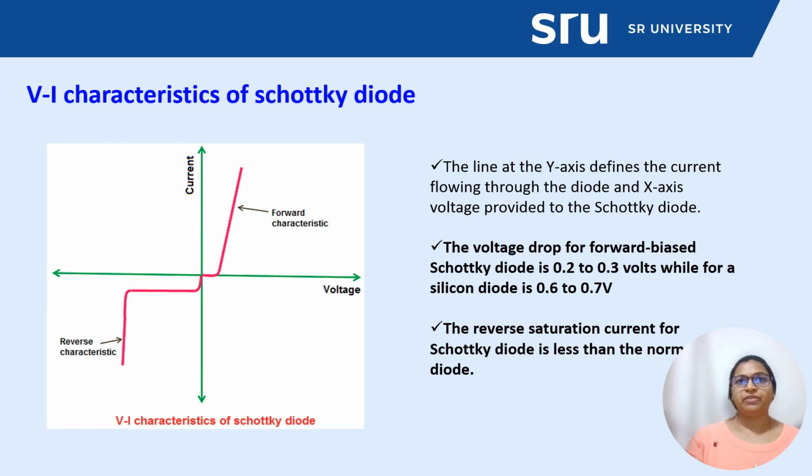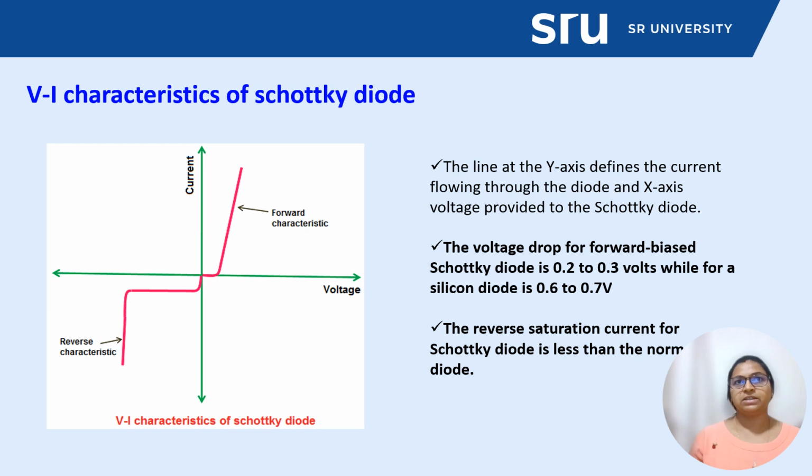So these are the differences, or comparison, between PN junction and Schottky diodes. And most importantly, in the Schottky diode the electrons are majority carriers in both metal and semiconductor, because we know that in the n-type semiconductor the electrons are the majority carriers and in metal obviously they are free electrons.